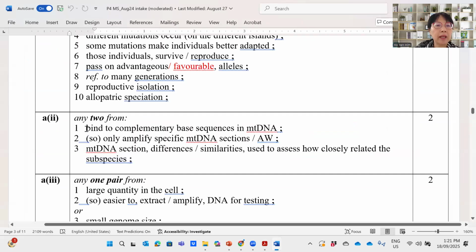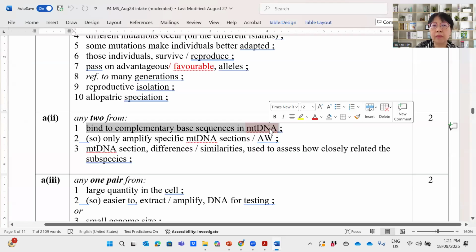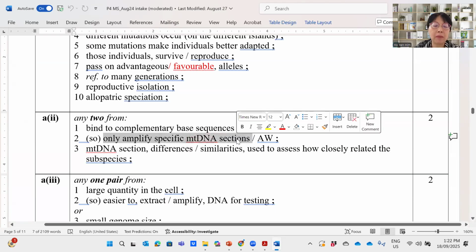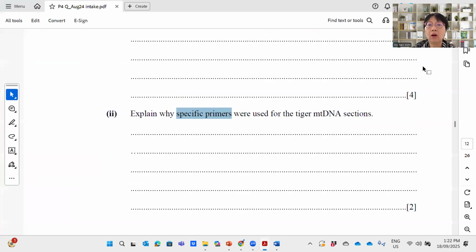Because the primer is able to bind to the complementary base sequence in mitochondrial DNA. So that once it binds to there, that means we will only want to amplify that section of mitochondrial DNA. So we only want to amplify the specific mitochondrial section that is mentioned in the passage earlier on.